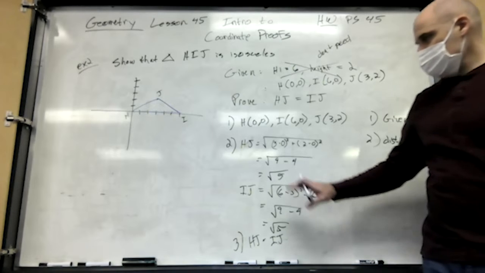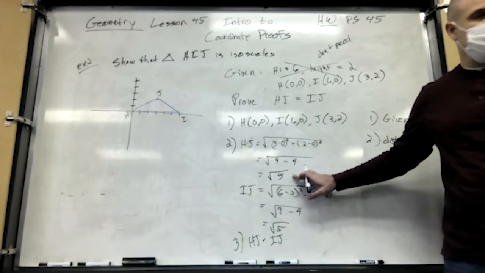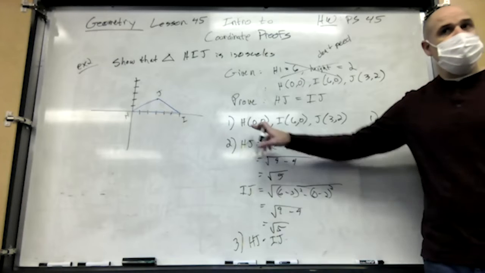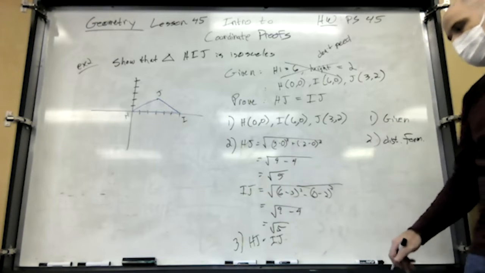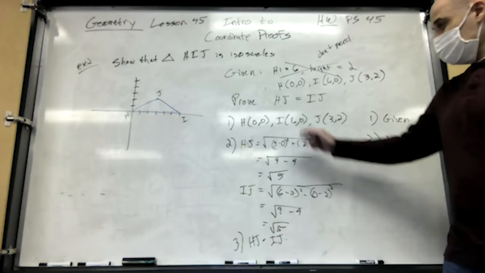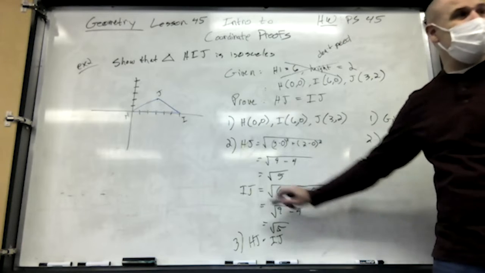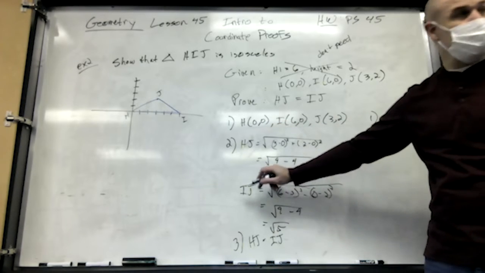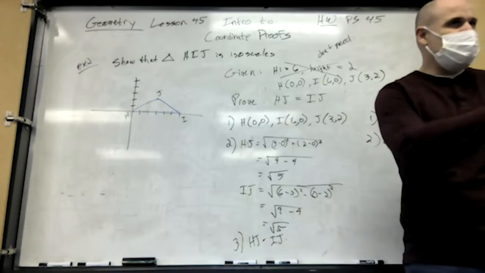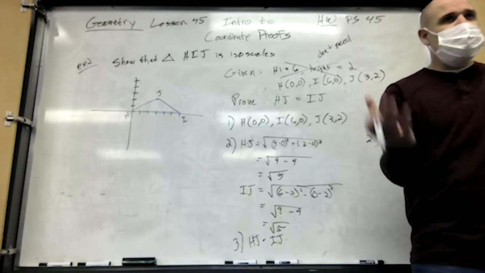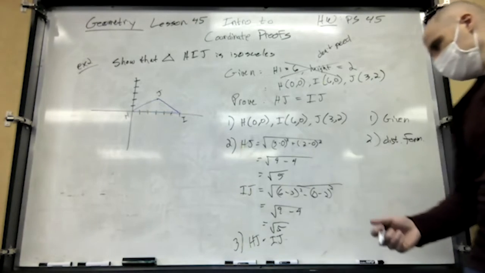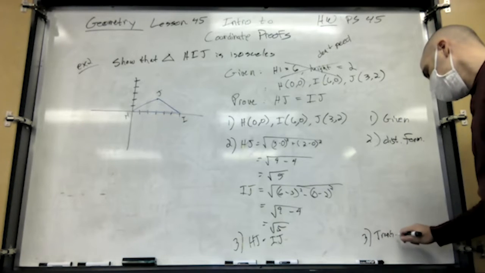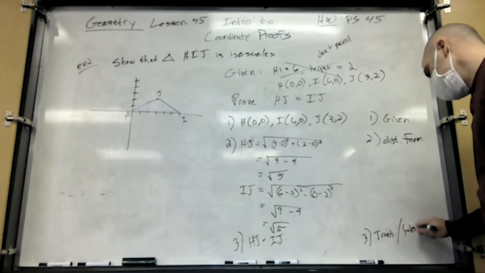So if HJ equals that value and IJ equals that value, then HJ equals IJ, okay? Or substitution. See how the transitive and substitution are kind of the same, you can kind of use both. So number 3 is transitive or substitution property.